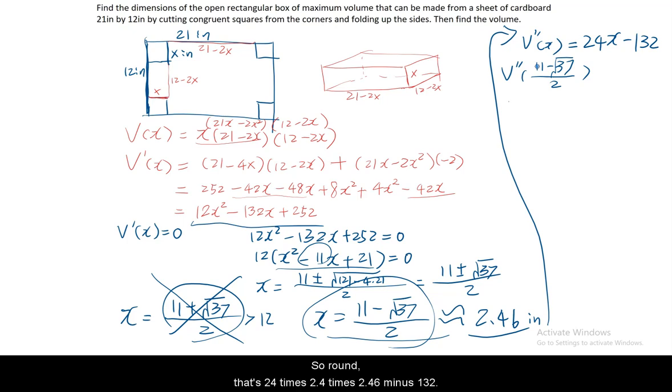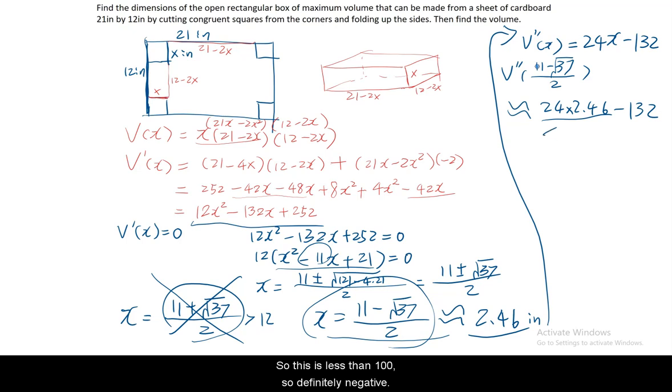So that's 24 times 2.46 minus 132. It's definitely negative, so this is less than 0. So that means our graph is concave down at our critical value.